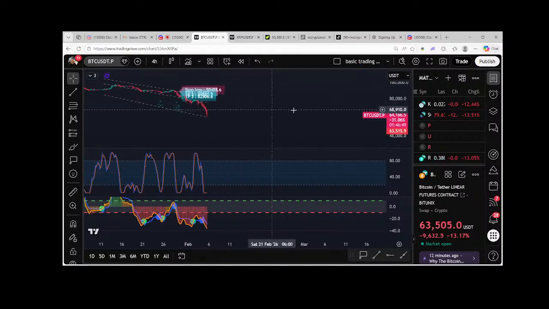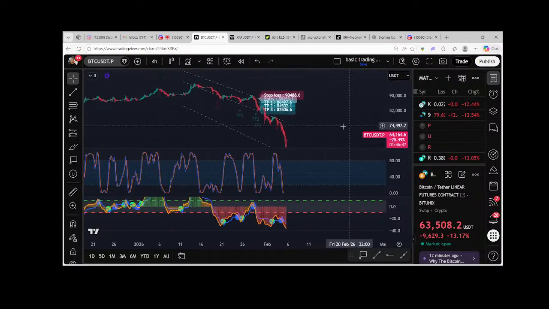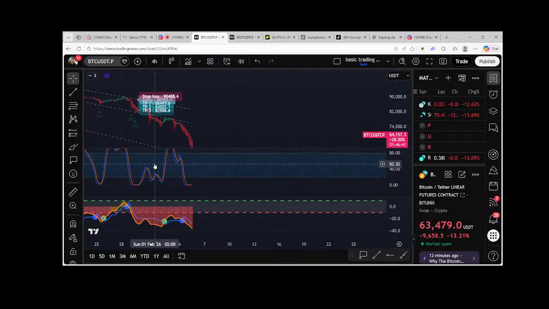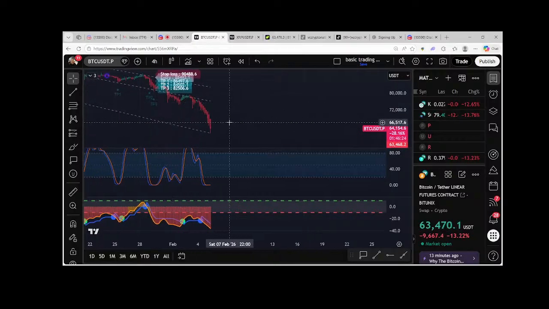As we start to look here, we can see where we're sitting. So far right now, we are sitting at the bottom of our relative strength index, which is the RSI. RSI simply means sentiment. You hear people talk about crypto, stocks or whatever, and they'll simply go over the sentiment of something.